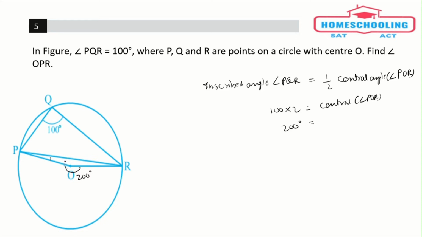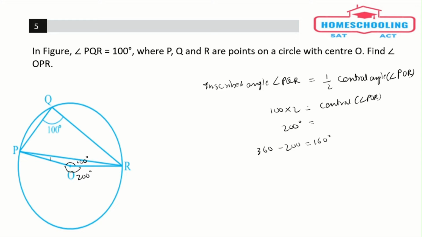As we know, the sum of all the angles around the center of a circle is 360 degrees. So what is this angle going to be? It is going to be 360 minus 200, so it is 160 degrees. So this angle is 160 degrees, and in total they form 360 degrees.